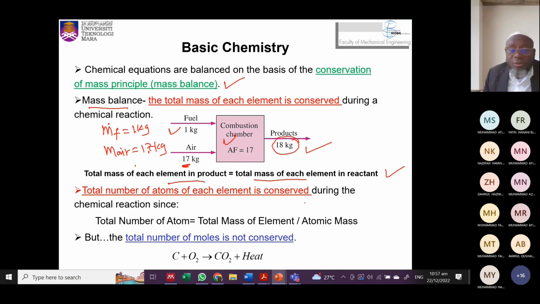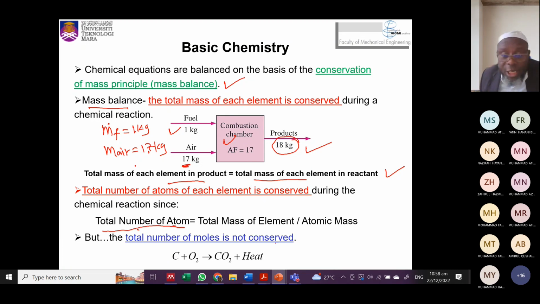When we say total number of atoms, it is the same as total number of elements. But the number of moles is not conserved.